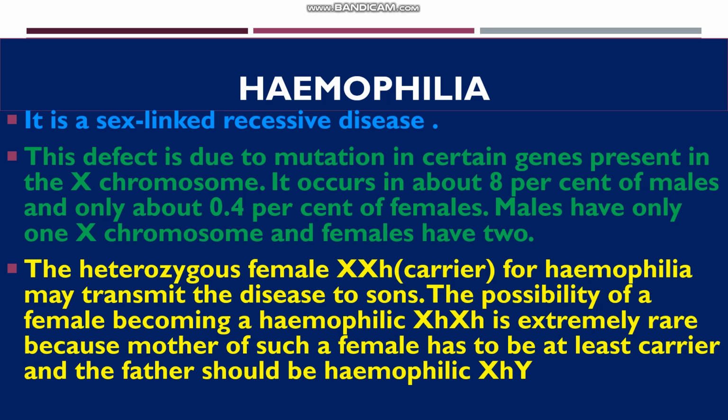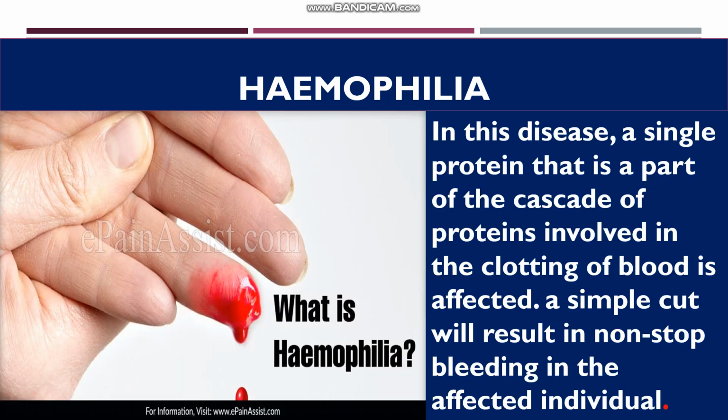The possibility of a female becoming hemophilic is extremely rare, because the mother of such a female has to be at least a carrier and the father should be hemophilic. Only then can a hemophilic female be produced. Now this disease is also known as bleeder's disease.